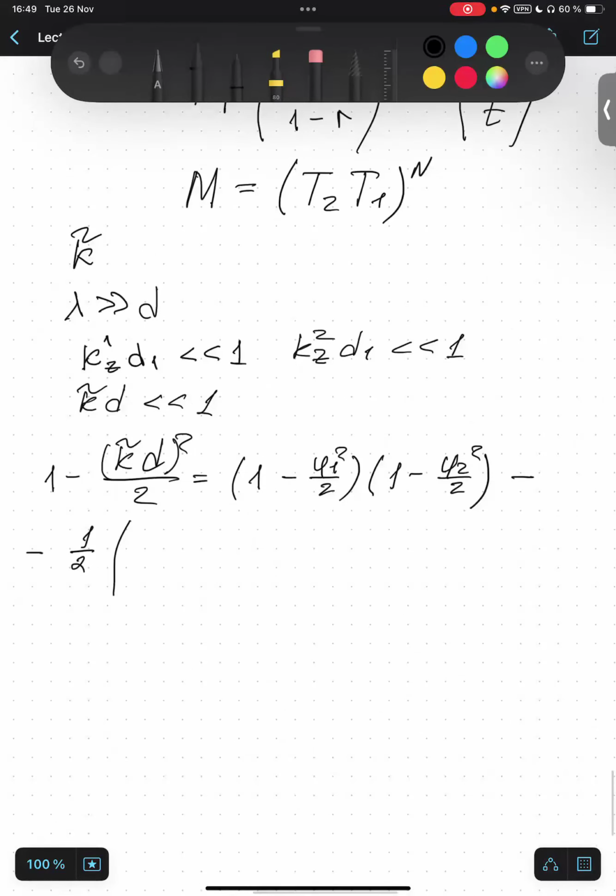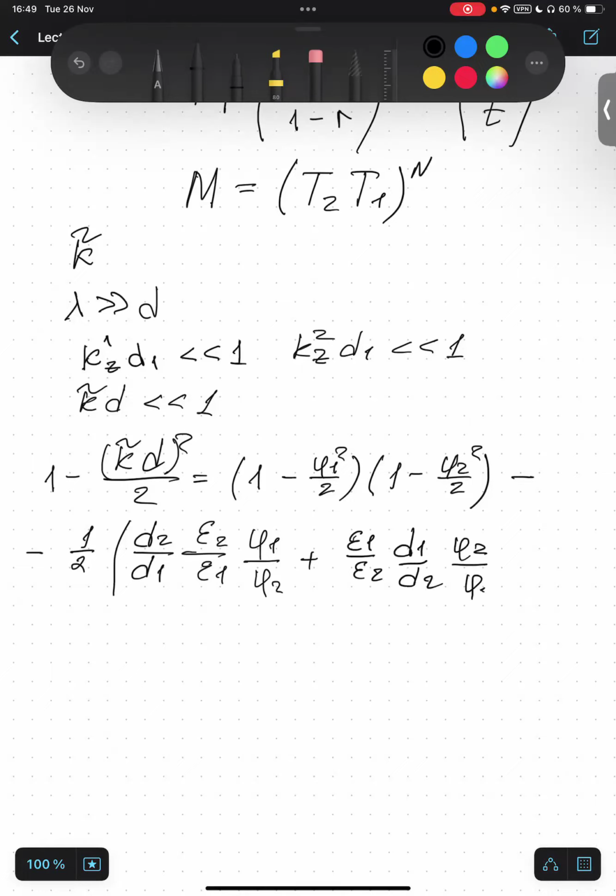We can expand it in such a way: d1, d2, epsilon 2, epsilon 1, and v1, v2, plus epsilon 1, epsilon 2, v2, v1, and here also v1 and v2.